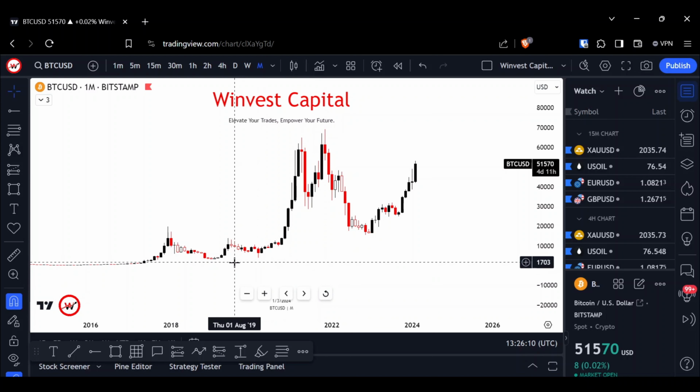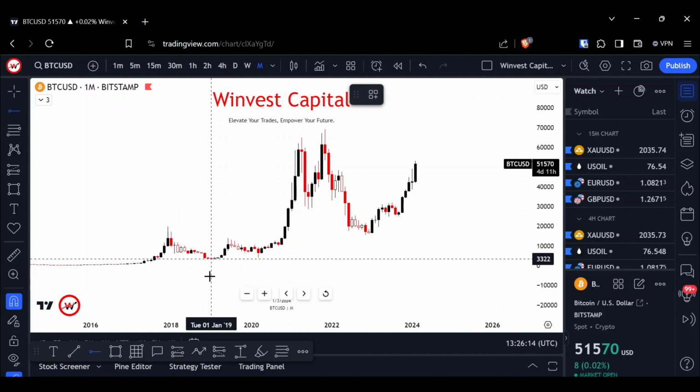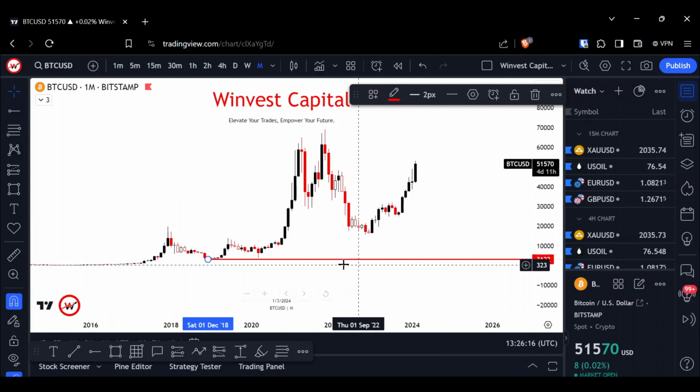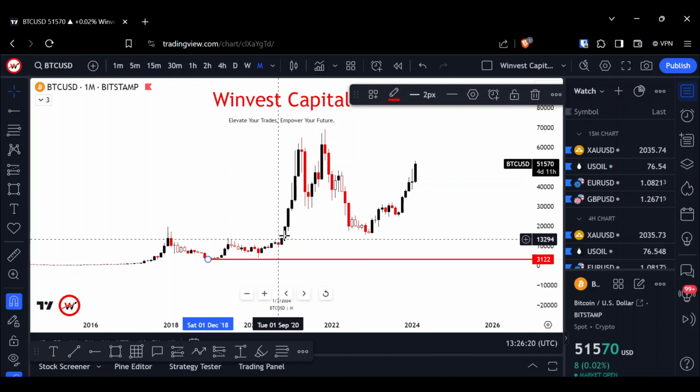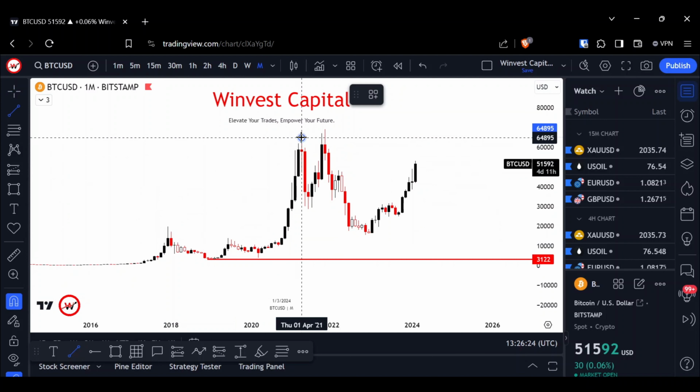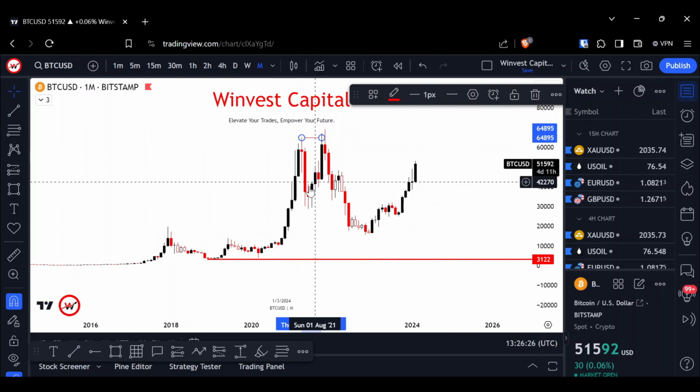chart the market structure, and it's pretty clear that this is the bottom of this range. It went up to this high over here, where it made a liquidity sweep.